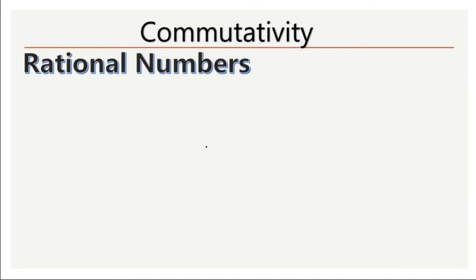Let's take up rational numbers. Suppose I consider 3/4 as one of the rational numbers and 2/3 as another rational number. Their sum, 3/4 added to 2/3, will it be equal to 2/3 added to 3/4?